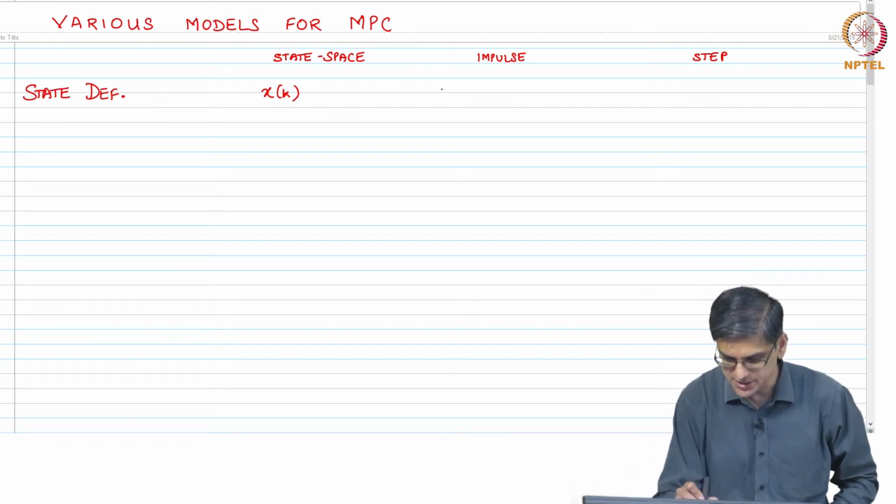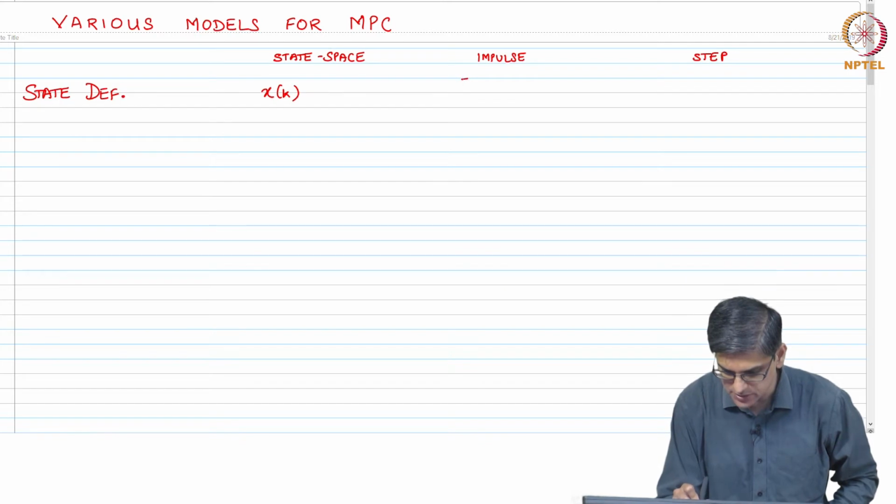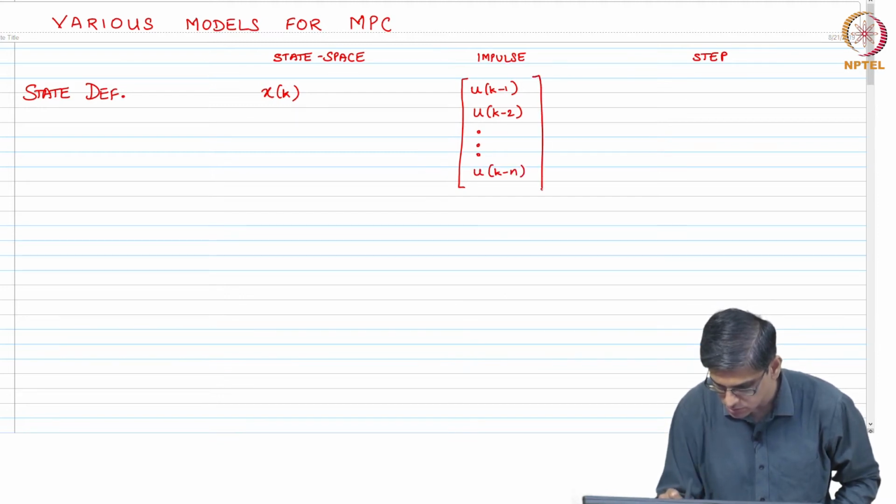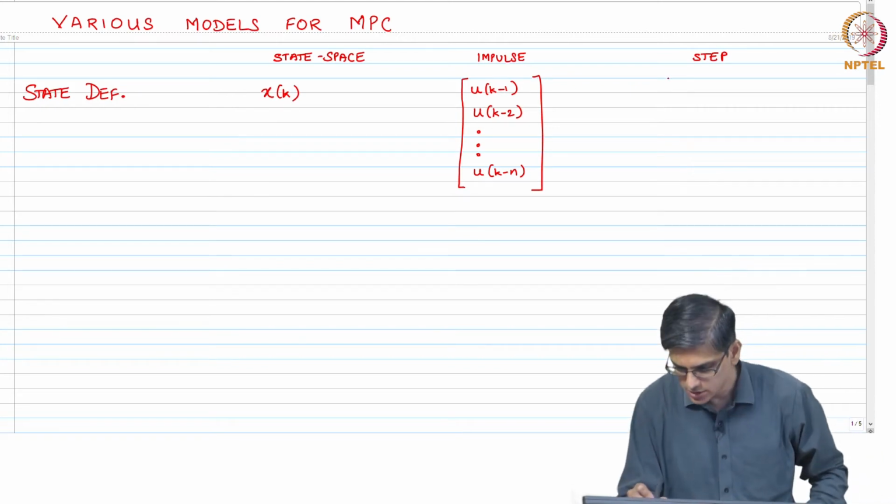The state definition for impulse response models was this, what we defined.